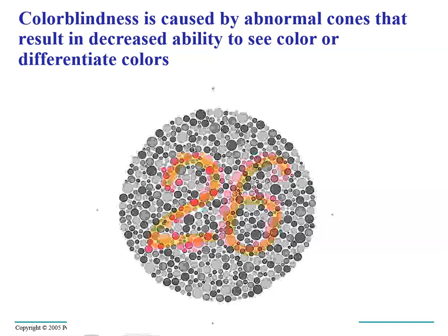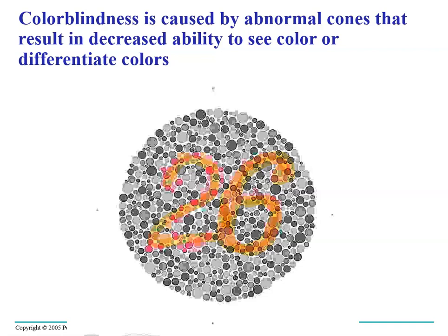I don't think I've met a student yet who couldn't see this one, but I'm not doing the full colorblind test. So don't just go by this, but that's basically one of the tests that somebody would have to do to determine if they're colorblind, is whether they could see that number there. All right, so that's color blindness.